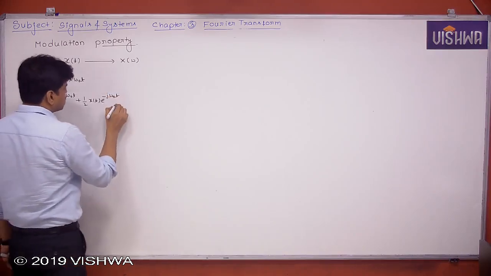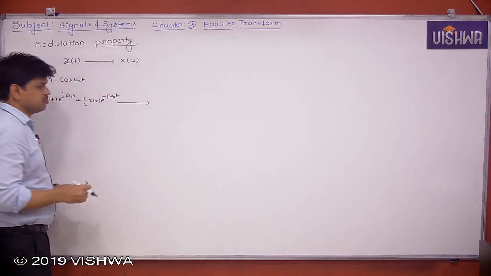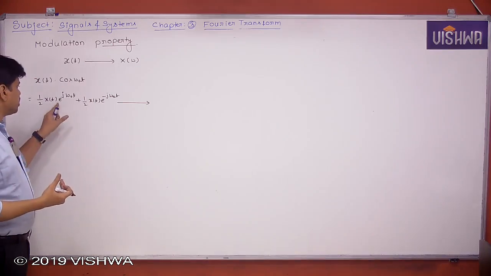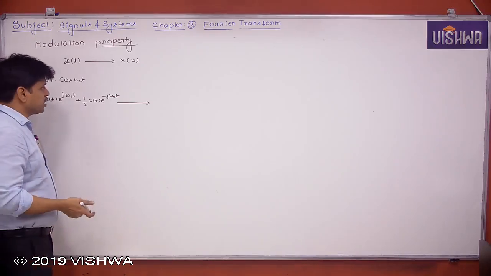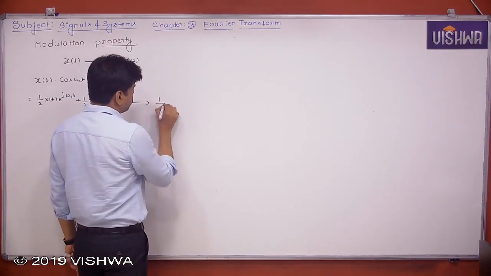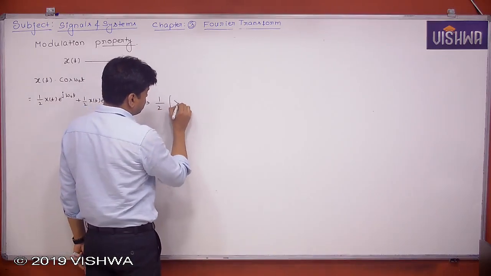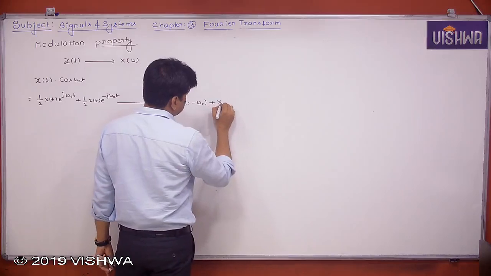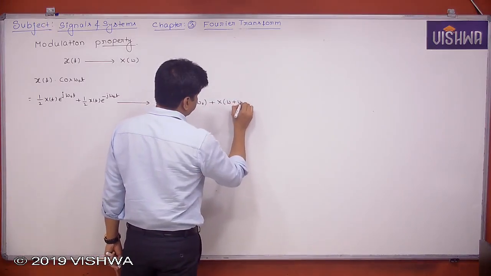For this function, if I calculate the Fourier transform, for x of t if it is x of omega, then x of t e power j omega naught t is nothing but x of omega minus omega naught. If I take 1 by 2 common out, it is going to be 1 by 2 [x of omega minus omega naught plus x of omega plus omega naught].